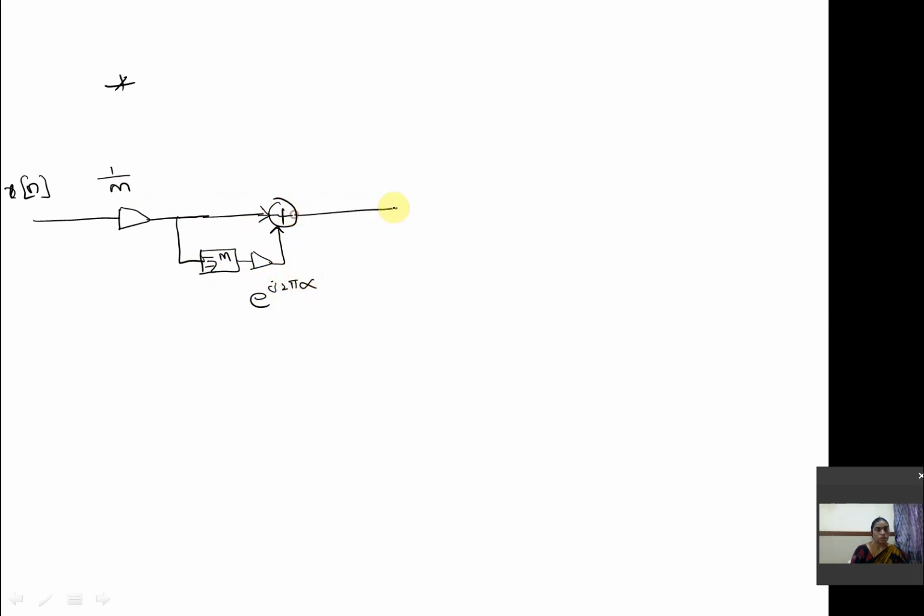So now see here the first one, that means a cascading connection. Z^{-M} e^{j2πα}. So what is the first one?